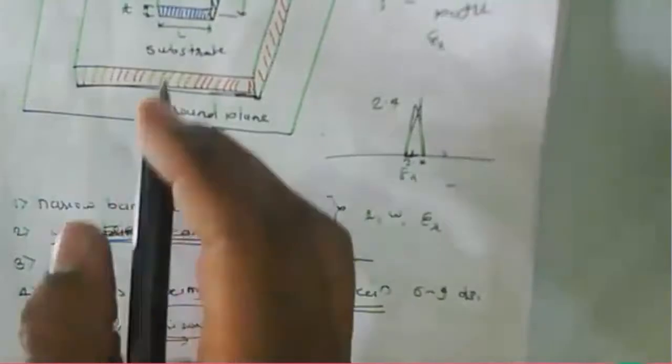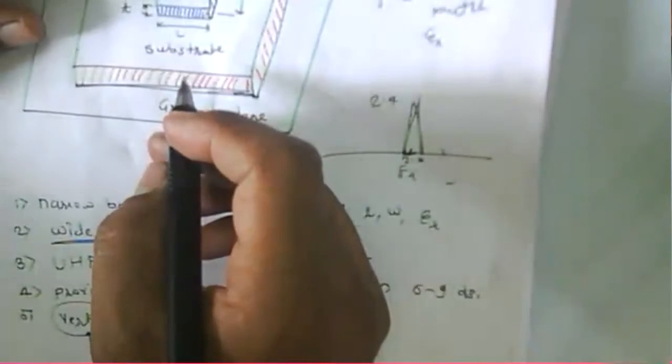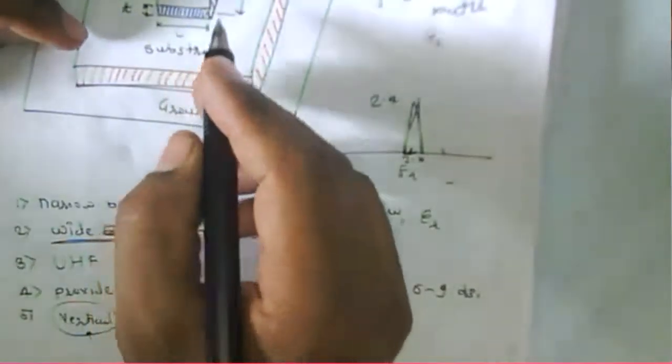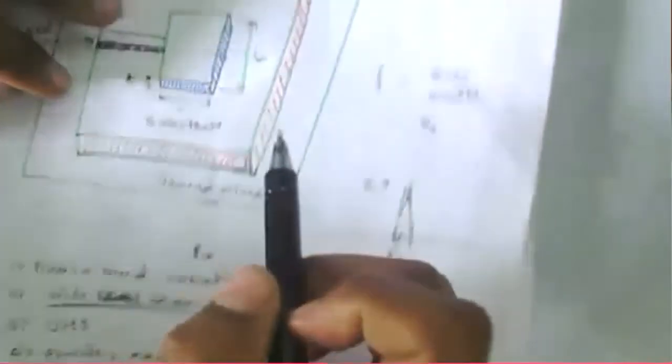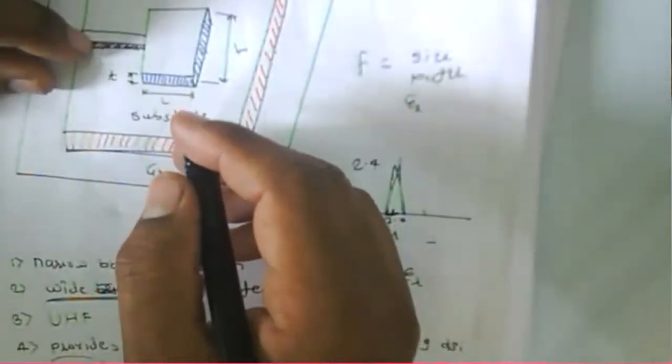So if we reduce the length of this antenna to lambda by 4, then the resonant frequency is again reduced. If we reduce the length of this particular patch, the resonant frequency of this patch is decreased.